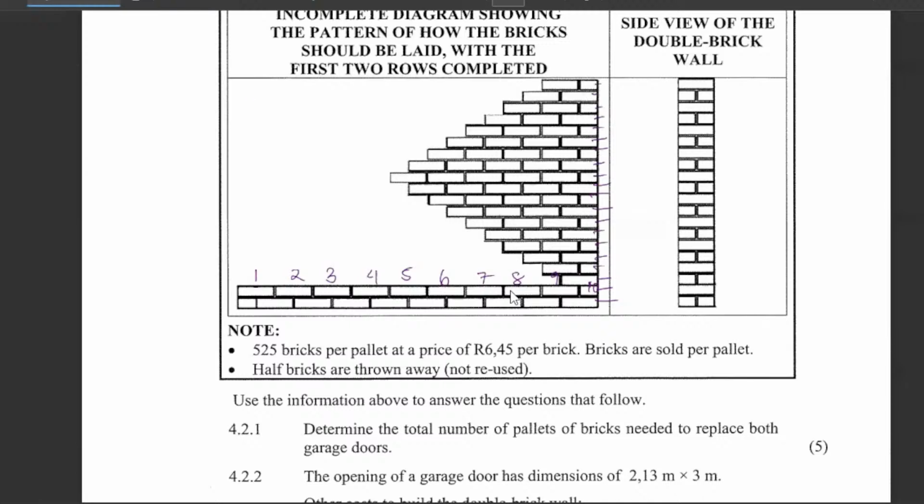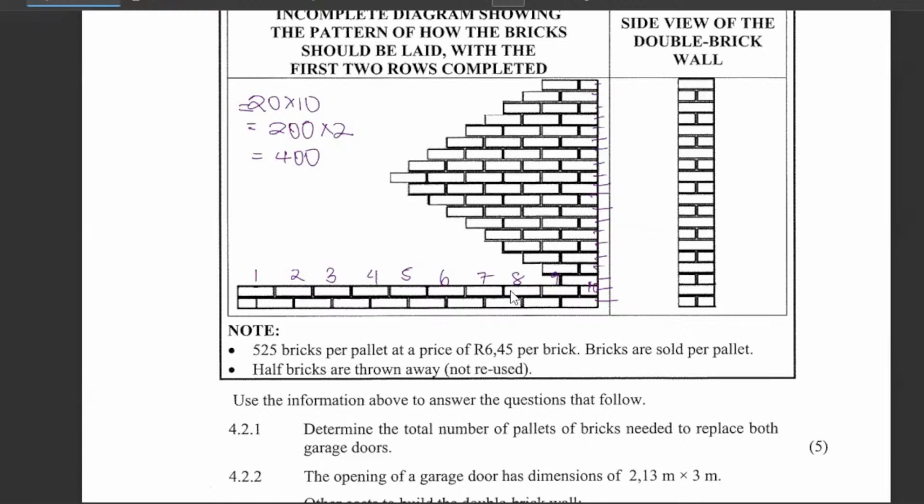So all in all, we need 20 bricks going up and 10 laid down, which becomes 200 bricks. But it's a double wall, so multiply by 2 to get 400.